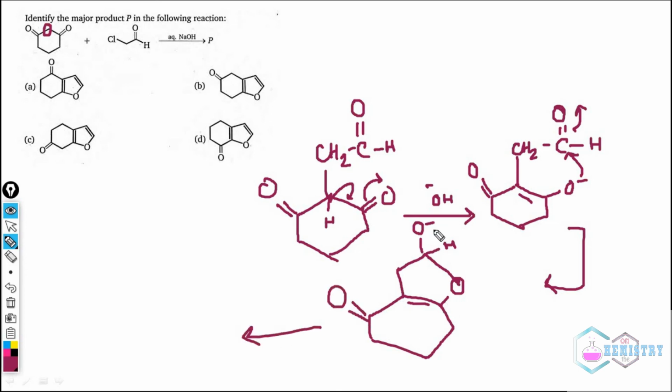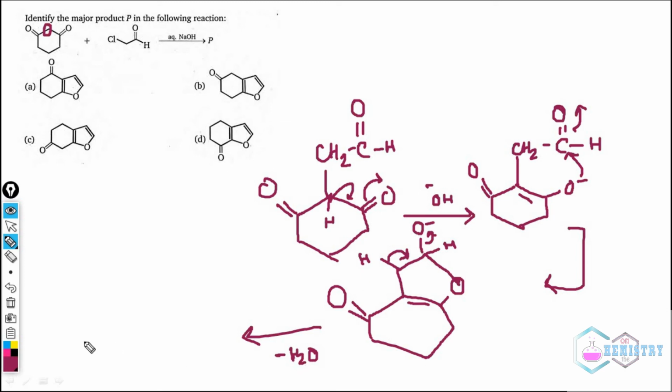So this hydrogen also gets removed from this position to remove this oxygen also as water. We skipped a little part: this O minus will take up a hydrogen and form an OH, then this hydrogen and this OH will be removed as water.